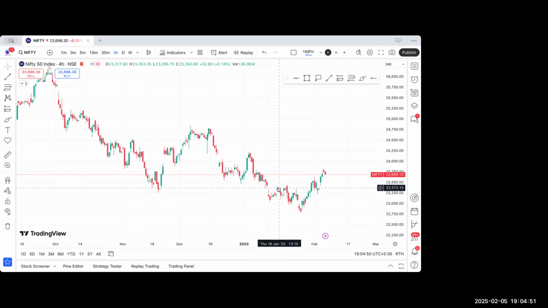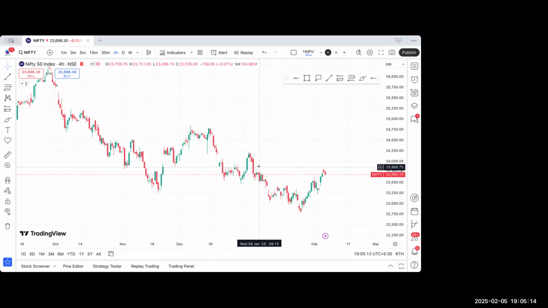Now, what is EMA? EMA is basically moving average. In moving average there are different types: EMA, SMA, DMA. There are multiple moving averages. If you look at the price, the price is moving, and the average of that price becomes the moving average.